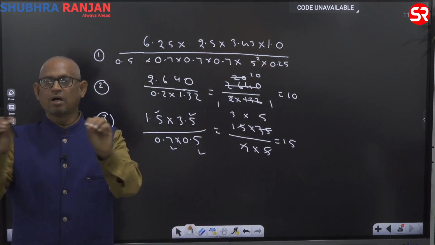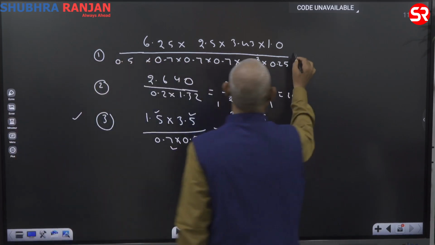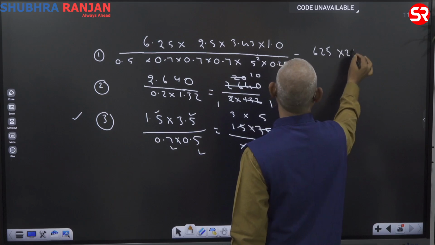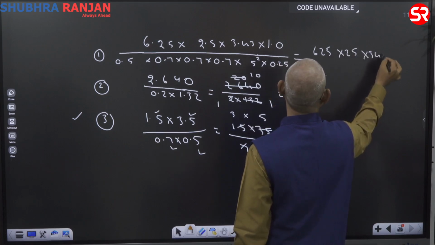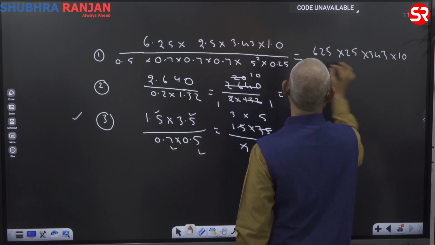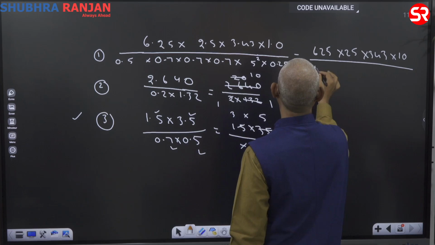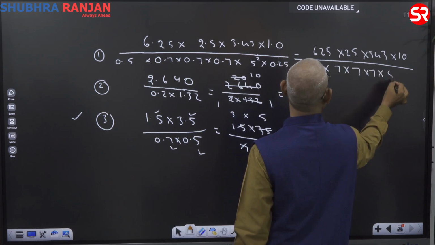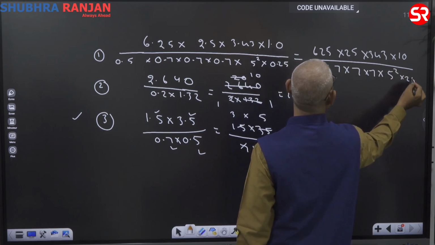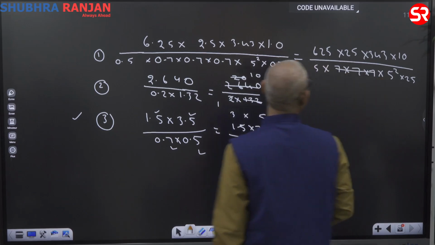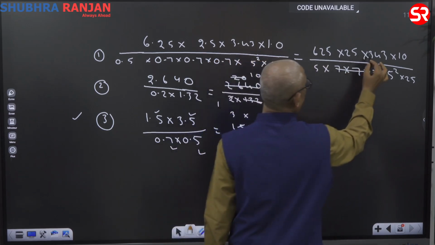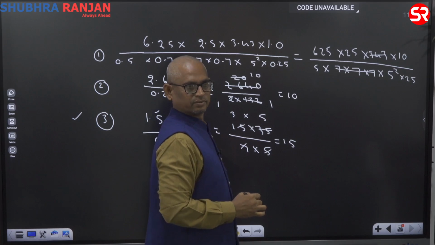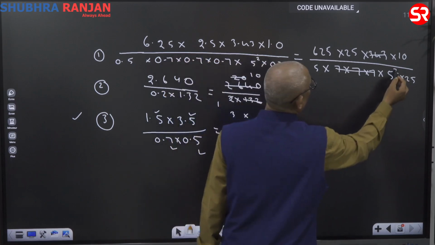Now remove all the decimals and write as it is. 625 into 25 into 343 into 10 divided by 5 into 7 into 7 into 7 into 5 square into 25. 7 cubed is how much? 7 cubed and 343 get cancelled. 5 cubed is how much? 125. So 25 into 25 how much?